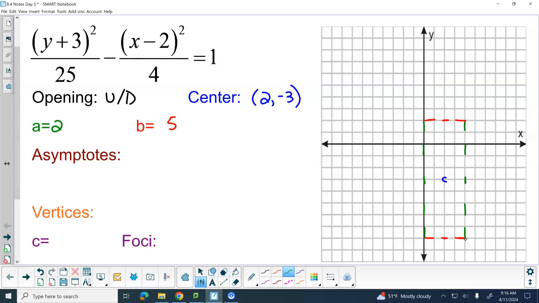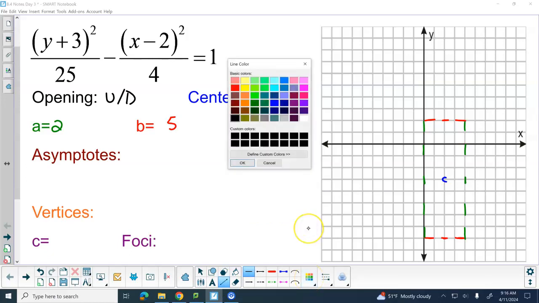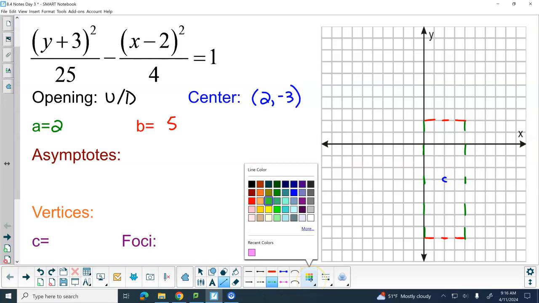Okay. Then I can draw in my asymptotes. I think yesterday we went purple, but I think I'm going to go pink today. That is not an asymptote line that I wanted to have. Helps if I pick the right one.